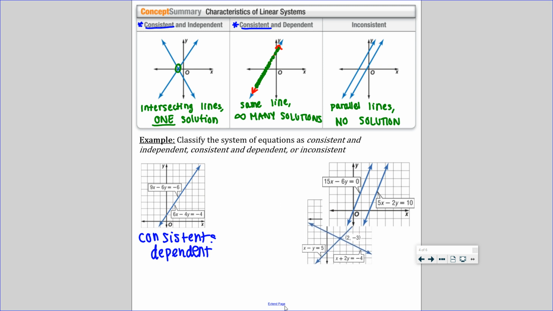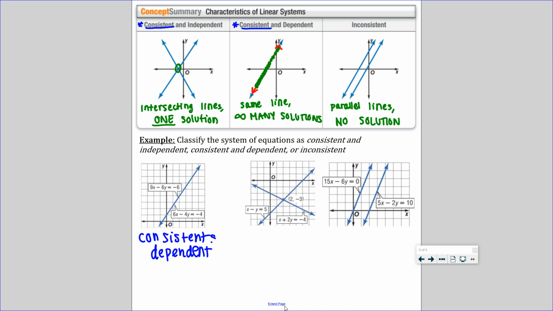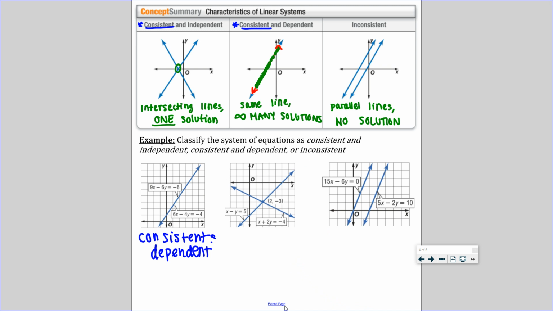This one. Whoa. What's my classification here? Cindy? Consistent, independent. Thank you, ma'am. You can see independent, we have exactly one solution. And when I have no solution, we say inconsistent system. Okay, there's your new vocab for the day.